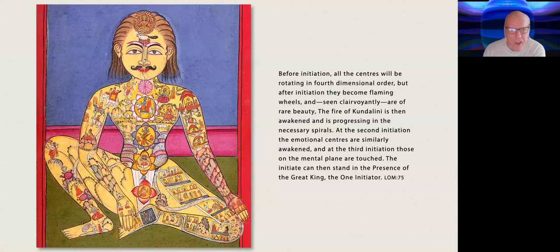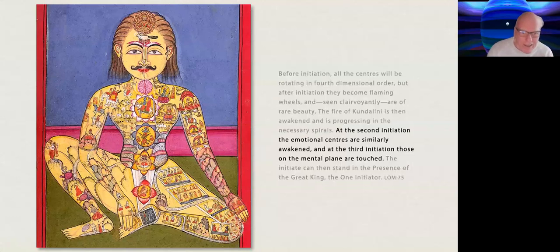At the second initiation, the emotional centers are similarly awakened. And at the third initiation, those on the mental plane are touched. The initiate can then stand in the presence of the great king, the one initiator. This passage indicates a progression, not only from lower to higher centers in the etheric body, but also a progression from one body or sheath to the next.